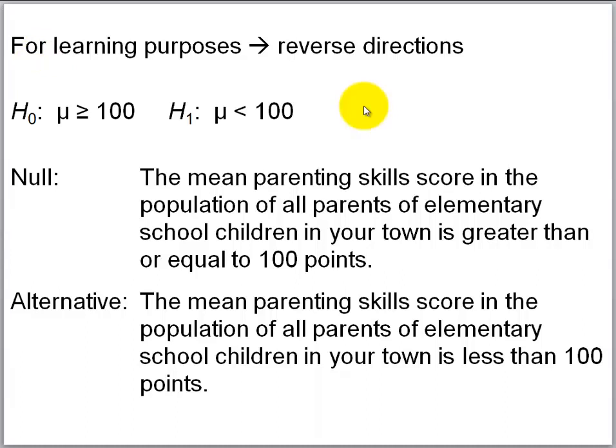Presumably, or possibly at least, it helps, but it's sort of far-fetched, perhaps, that may be too strong of a word, to think that your intervention's going to hurt. In other words, the alternative carries the direction of expectations, and it says that the mean in the population that you work with is less than 100. So this is sort of a counter. This is an example for learning purposes. So we've reversed the direction of expectations.